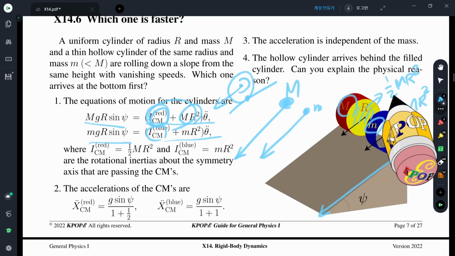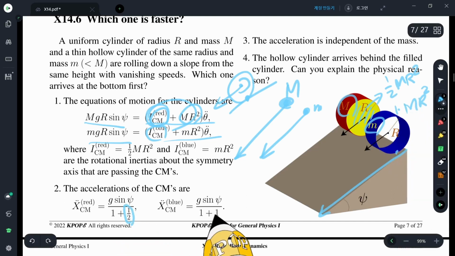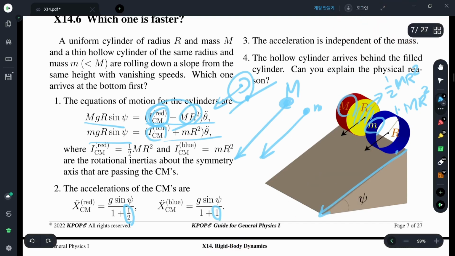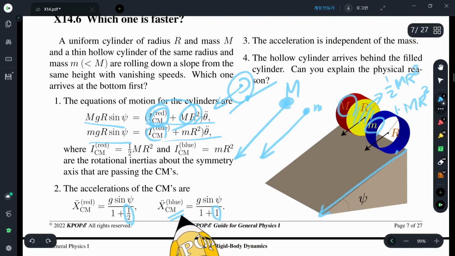So this 1/2 appears in the denominator in here, and this factor 1 appears as a denominator here. So we have a bigger denominator, so we have a smaller acceleration.